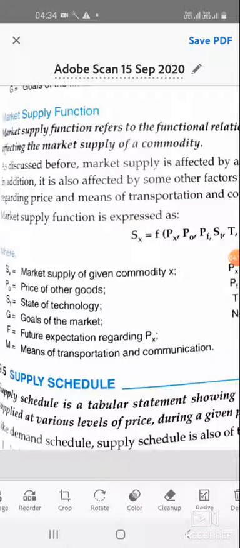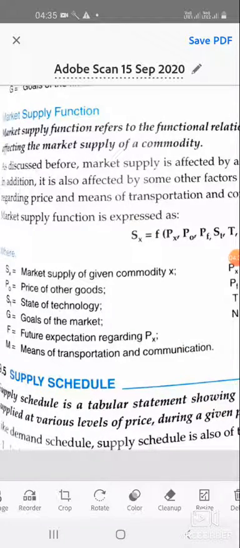As a result, when the price of the commodity increases, supply of the same commodity also increases. The producer is willing to sell 5 units of X at the price of rupees 1. When the price rises to 2, supply also rises to 10 units, as you can see in the schedule.